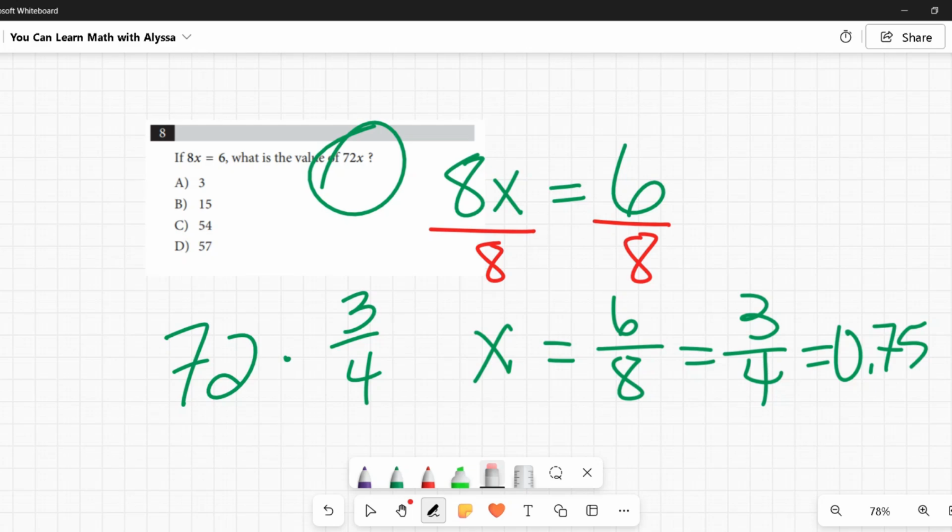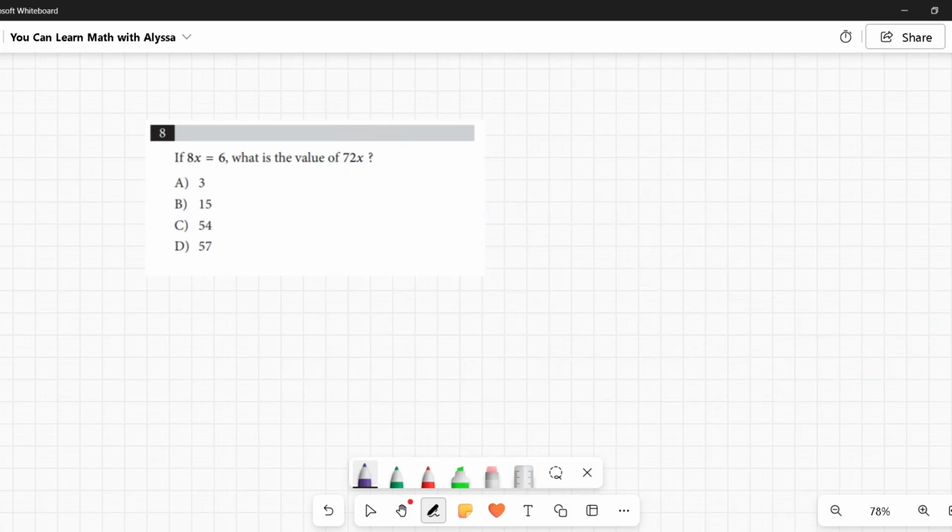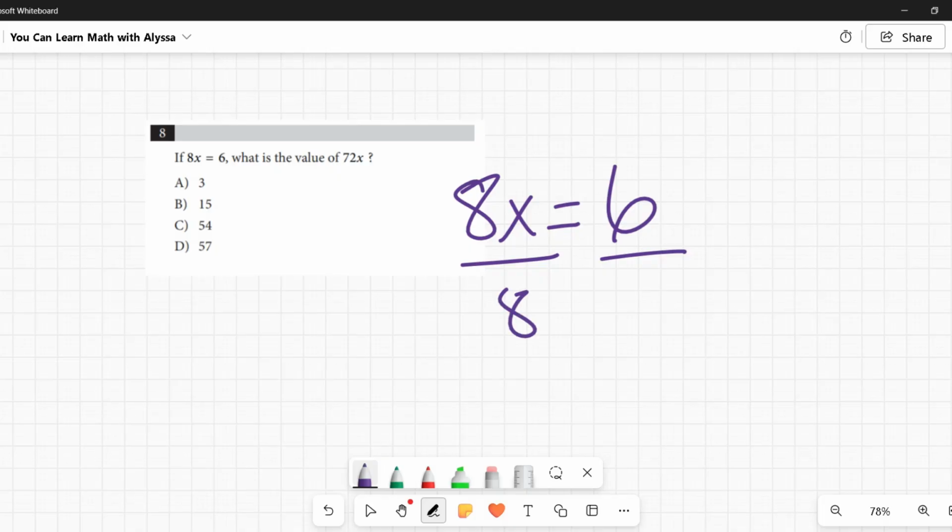Now, there's another way to do this. And here we go. If we start here at 8x equals 6, when you have an equation like this, any equation, you can change it in sort of standard ways. Like when we solved for x, I divided both sides by 8.